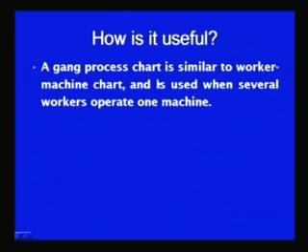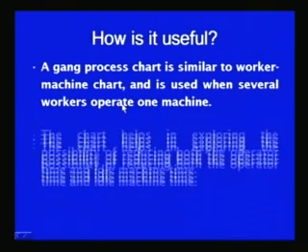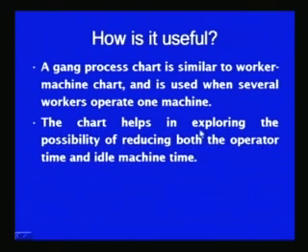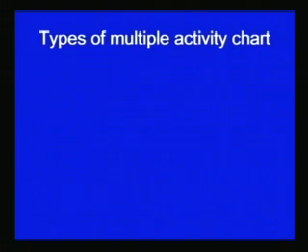A gang process chart is similar to the worker machine chart and is used when several workers operate one machine. This chart helps in exploring the possibility of reducing both the operator time and idle machine time by looking into the interrelationship between the activities of the different subjects during the job.